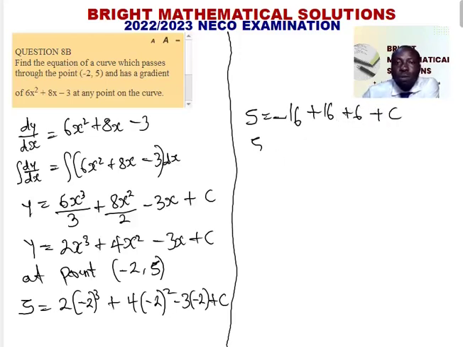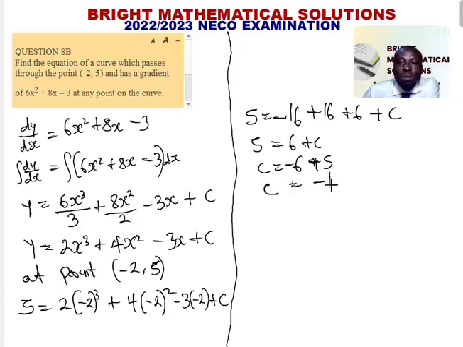So 5 equals 6 + c, because -16 will cancel the 16. So c equals 5 - 6, because this 6 will come to this side and become negative.